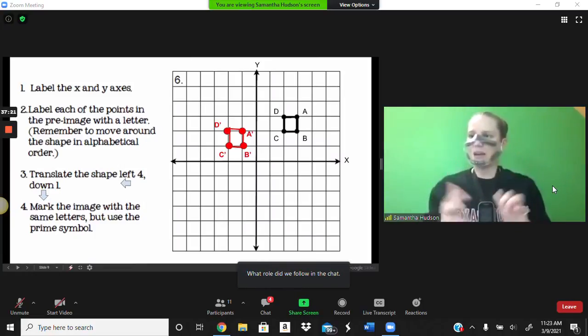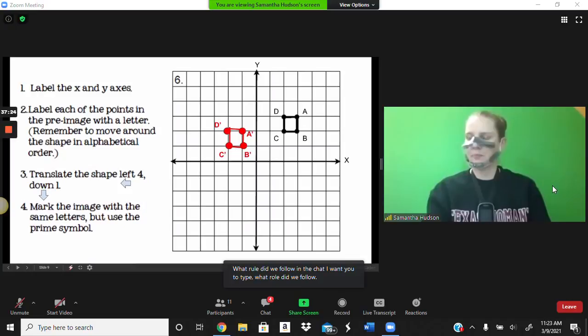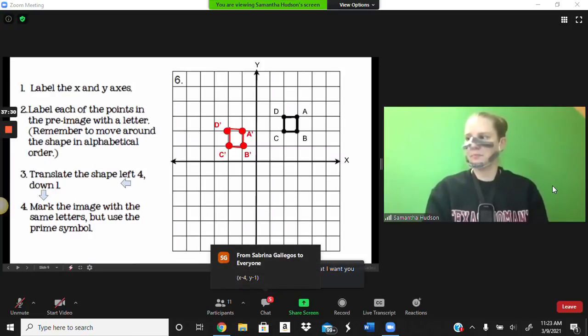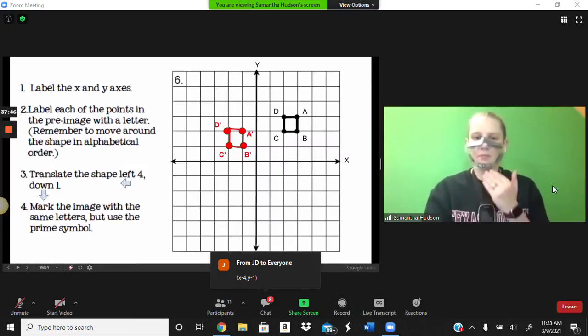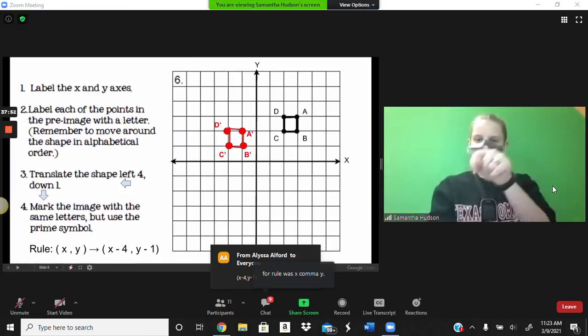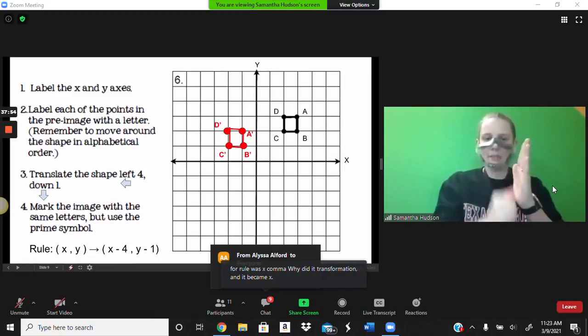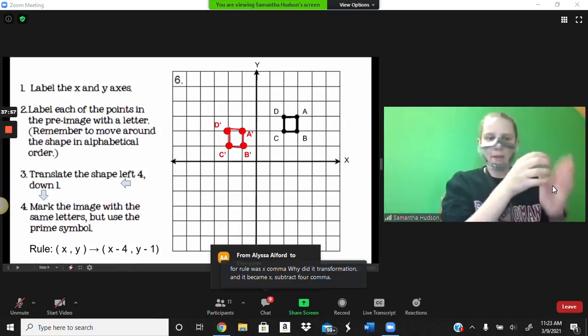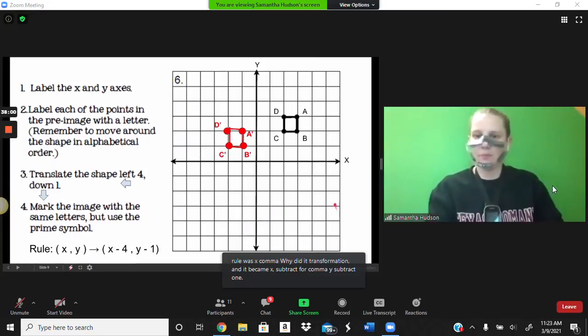In the chat, I want you to type, what rule did we follow? Good. So our rule was x comma y did a transformation and it became x subtract 4 comma y subtract 1. Good.